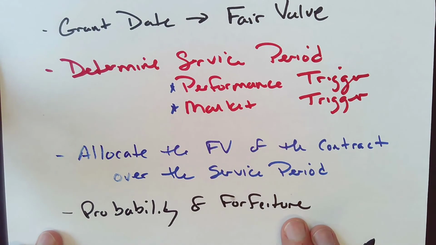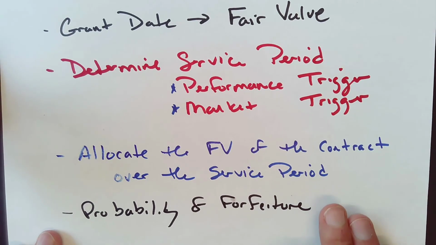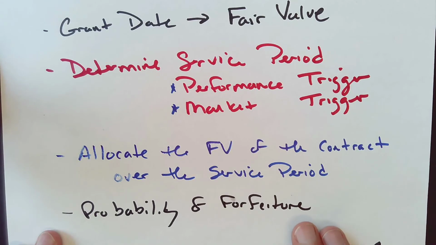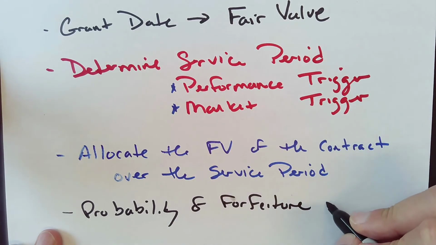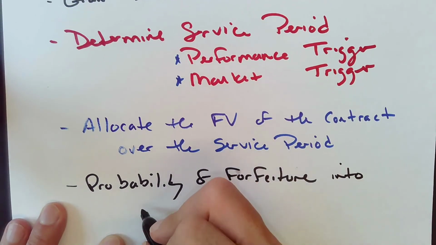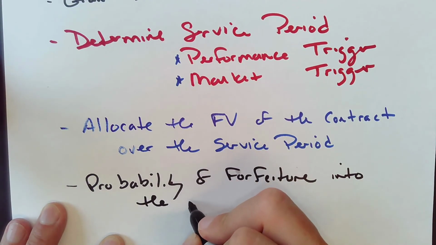Why would they forfeit it? Maybe they leave the company. Automatically forfeiture. Or they violate their employment contract and they have a breach of contract. Could call for forfeiture. So you have to build in the probability of forfeiture into the compensation expense.